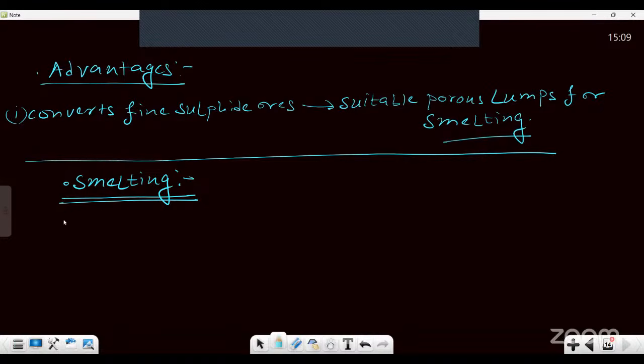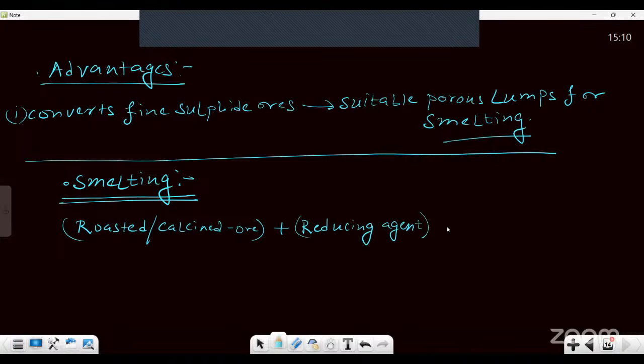So you can directly say that after roasting, we do the smelting. If you take roasted or calcined ore and add the reducing agent, you can use H2, CO, or carbon as the reducing agent, anything according to the requirement. Plus, we will add the flux. But why will we add the flux?